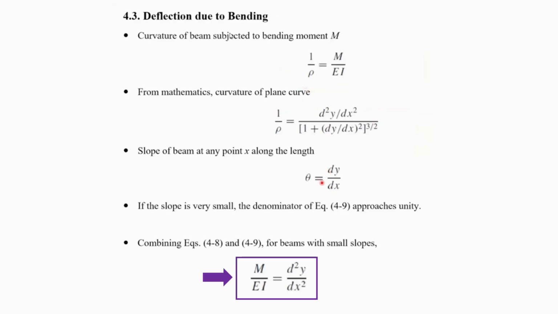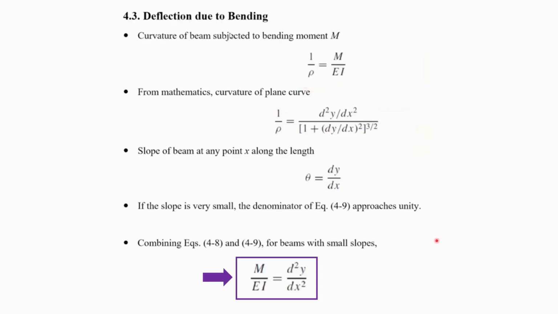And again, as I stated before, since the beam experiences small deformation, and these theta values are very small, approximately equal to 0, this dy/dx would be equal to 0.